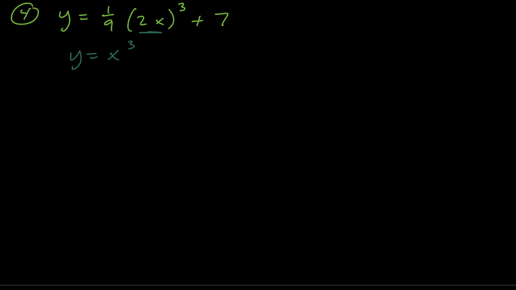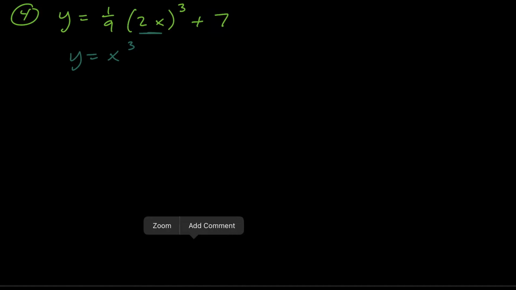Well, we said that it has the opposite effect, and we know that it's multiplied by the x, which means that it's going to be a horizontal stretch or shrink. But because it's multiplied by the x like that, it's going to be by the reciprocal, by 1/2. So here I'm going to say horizontal shrink by a factor of 1/2.